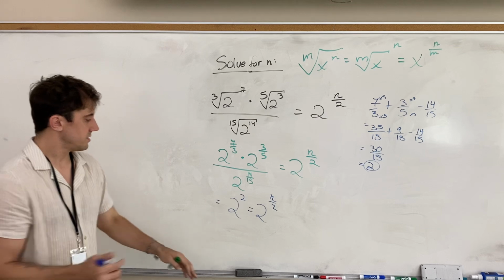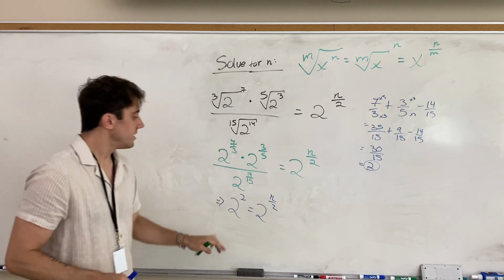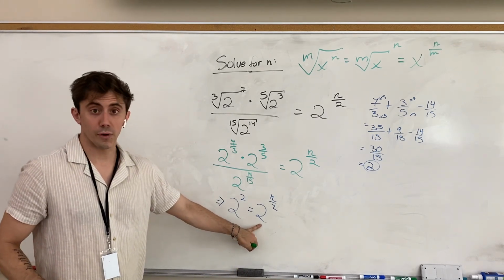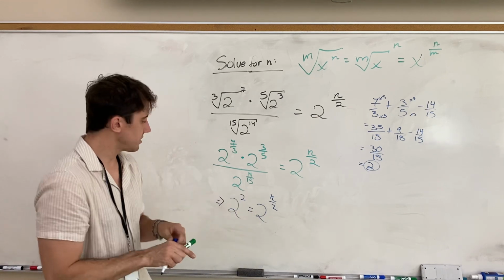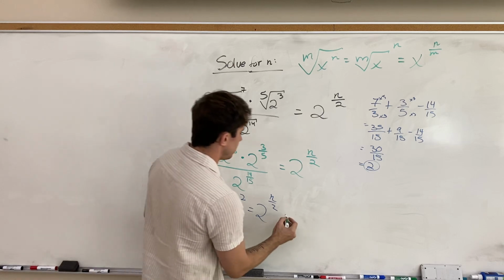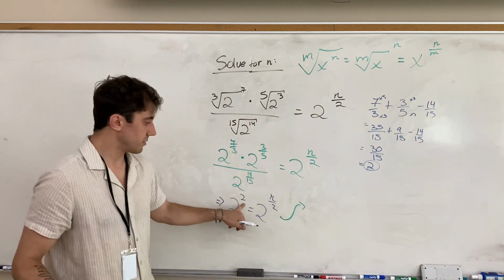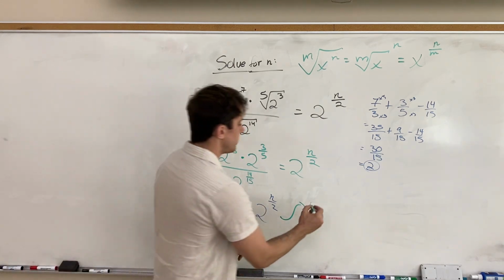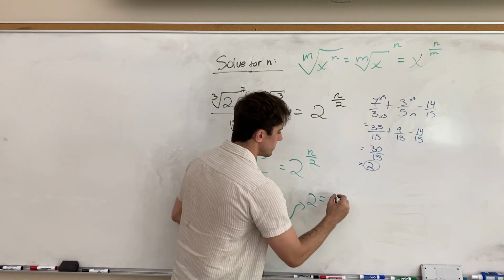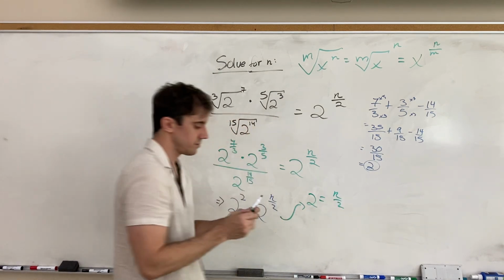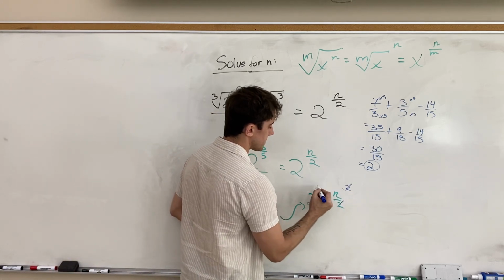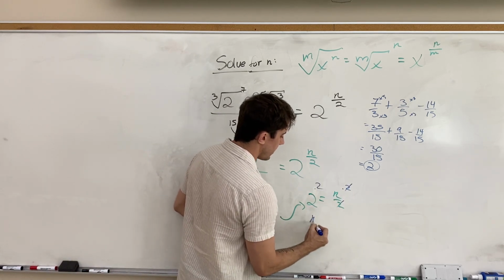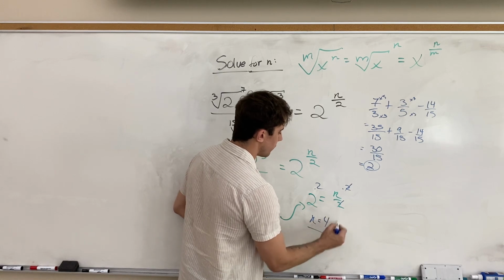And now, since we have the same base on both sides, the exponents must be equivalent, and so this exponent must be equivalent to this exponent, and so we get the equivalence of 2 is equal to n over 2, and now we're just about done. Multiply both sides by 2, classic algebra, and we get n being equal to 4.